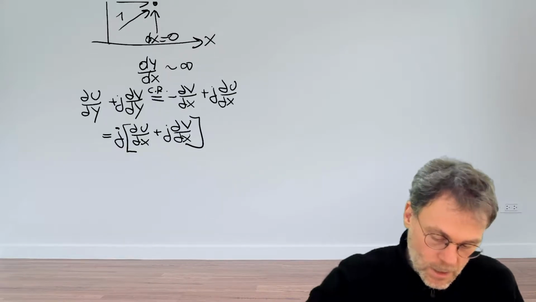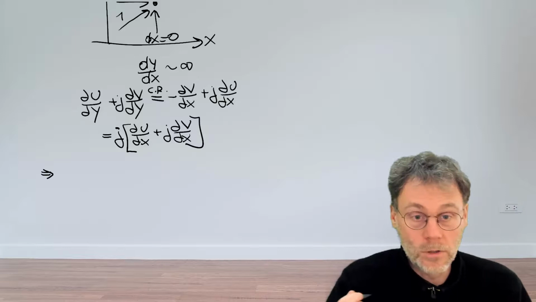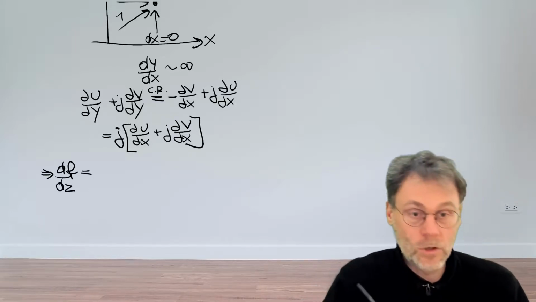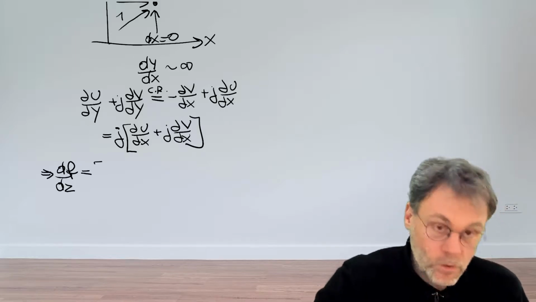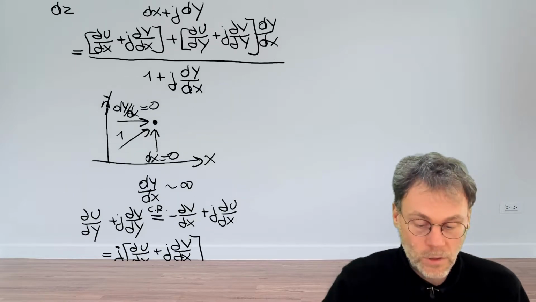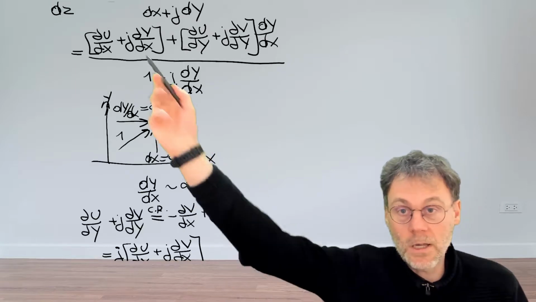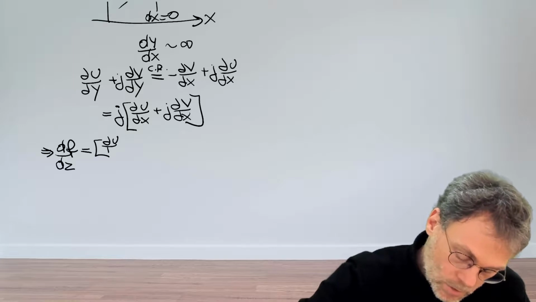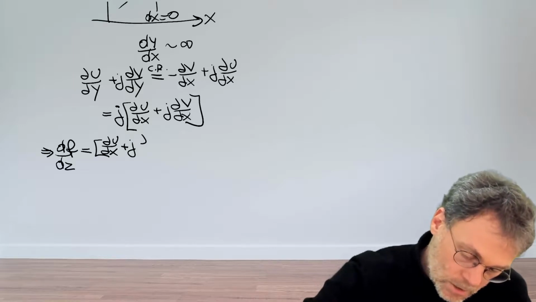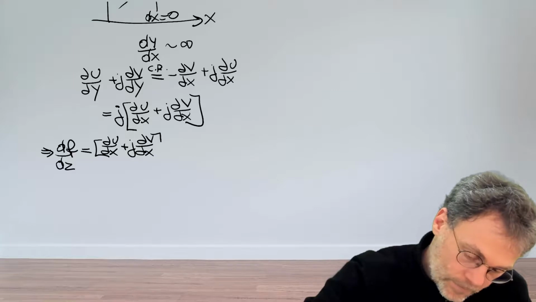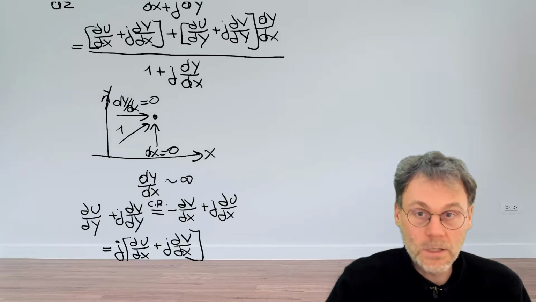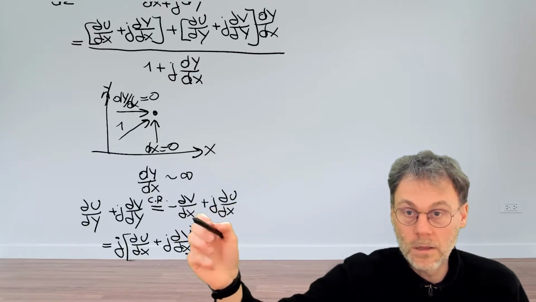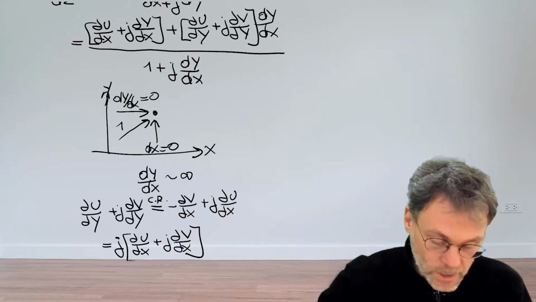So let's do that. We can write that our derivative, df over dz. So the first term I just copy and paste from what we had. So if I go back, so that's du dx plus j dv dx over here. So du dx plus j dv dx. And then for the second term, that's this guy going to be replaced by that expression over here times dy dx.